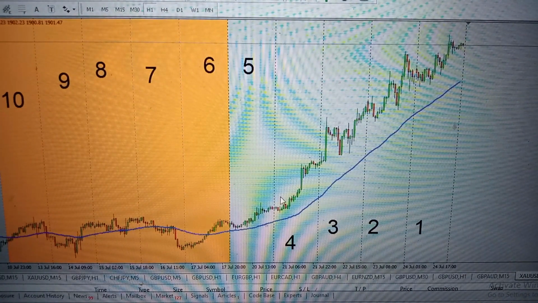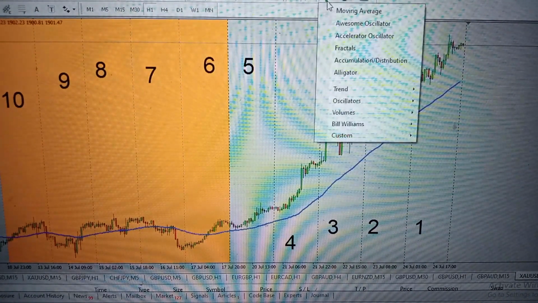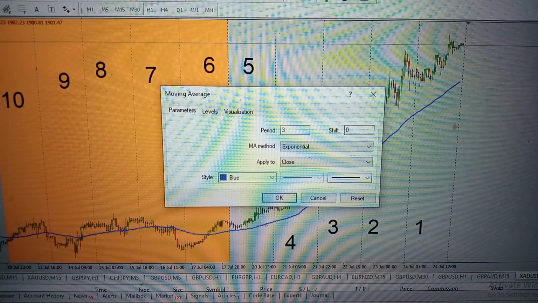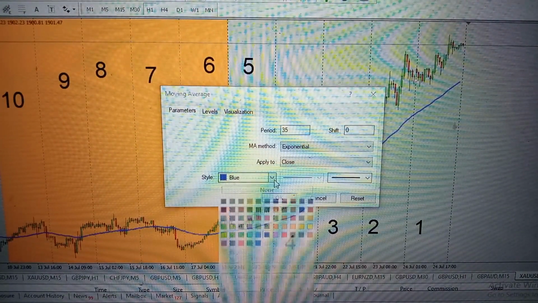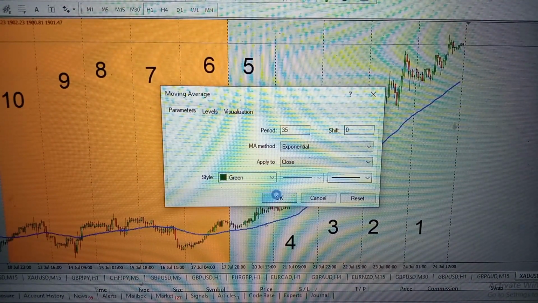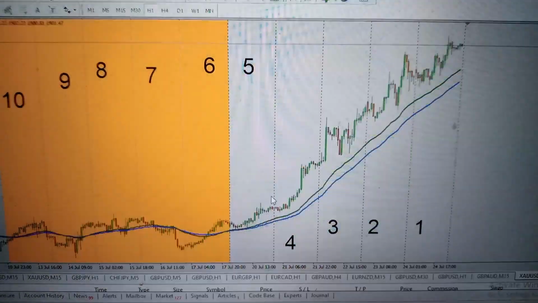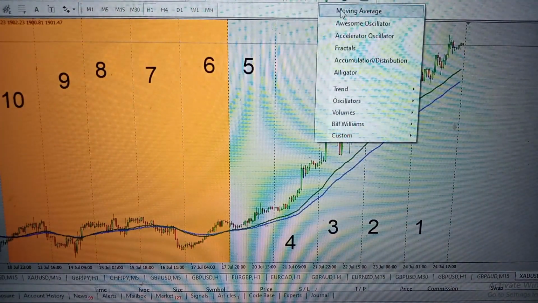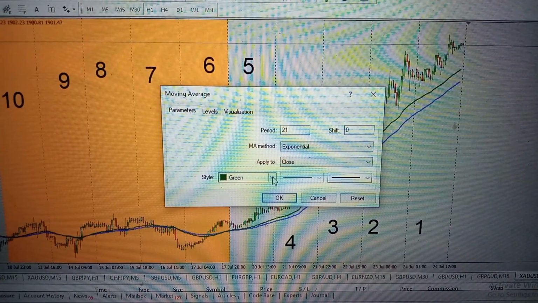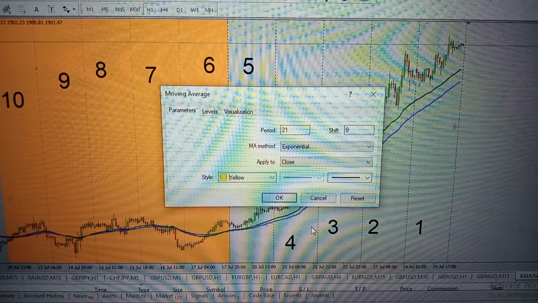That's that. And the next indicator will be our 35 EMA. I'm going to color it green. And the final one will be our 21 EMA. I'm going to color that yellow.